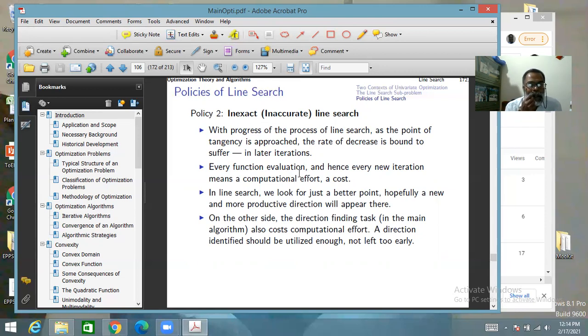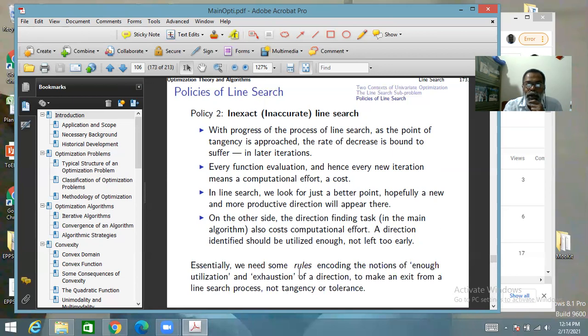Okay, so to find this balance between computational effort and improvement, we need some robust rules, and those rules form the subject matter of inexact line search.